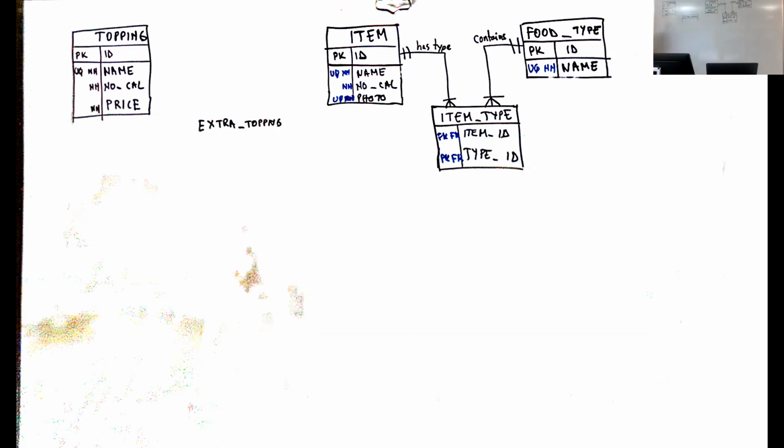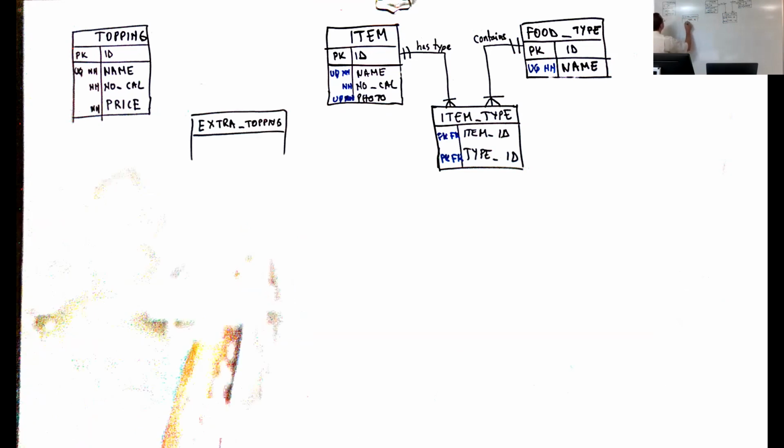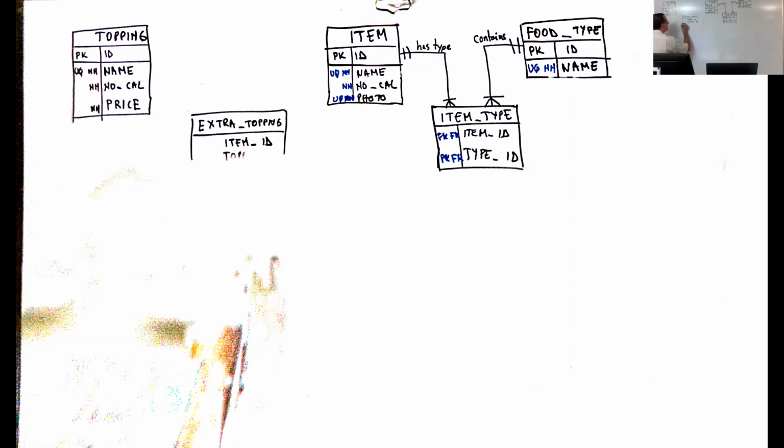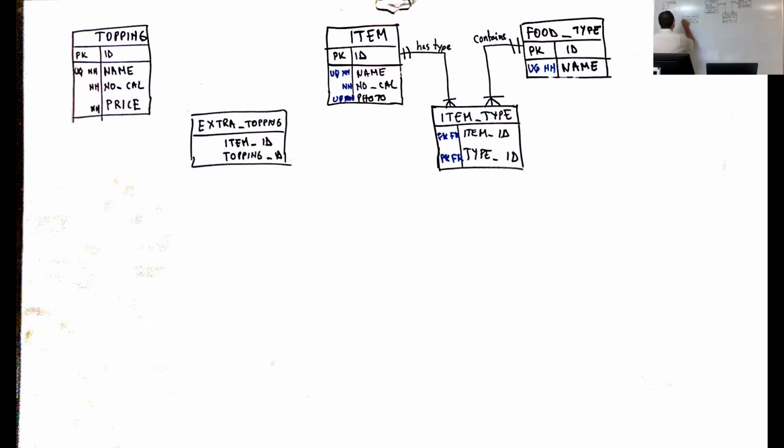And here again, I need to put the item ID and the topping ID. And both of them are primary keys and foreign keys. So both of them will be PK and foreign keys.